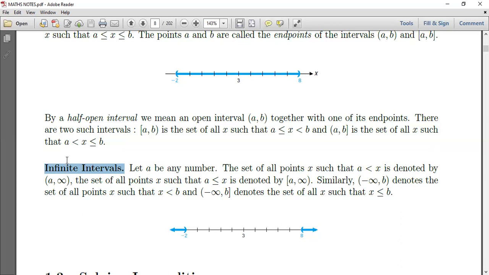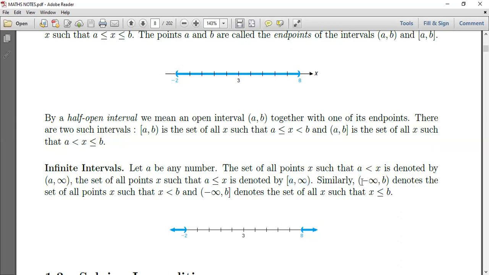When representing infinite intervals, we don't put a square bracket where there is an infinity, but instead we put a round bracket. For example, if you say A is less than X, it's denoted like this in interval form. Then A is less than or equal to X, we write as A, infinity with a round bracket.